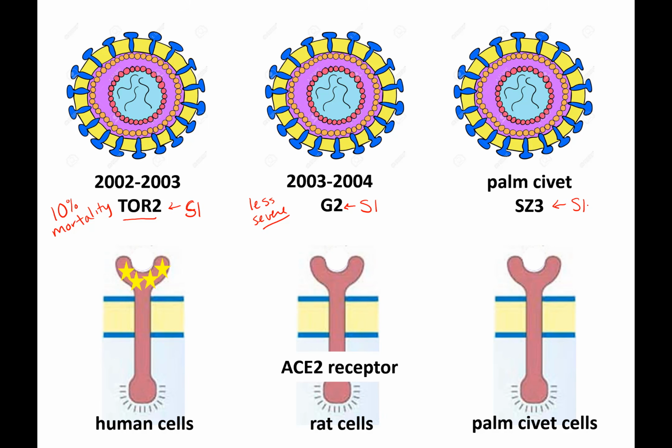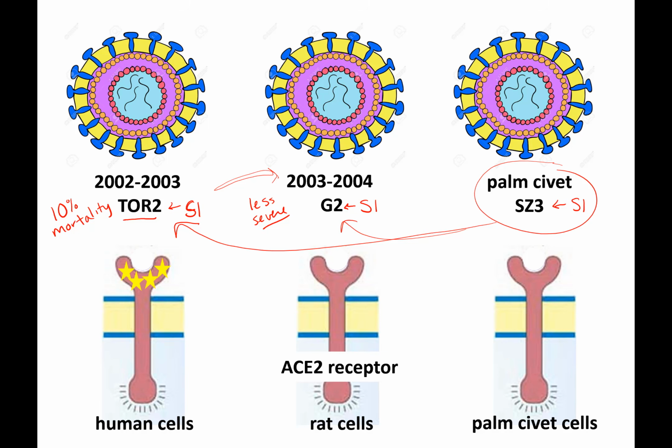And in this paper, they're looking at one, how this SZ3 S1 changed to become this TOR2 and perhaps become, we don't know which way it went, the G2 S protein.